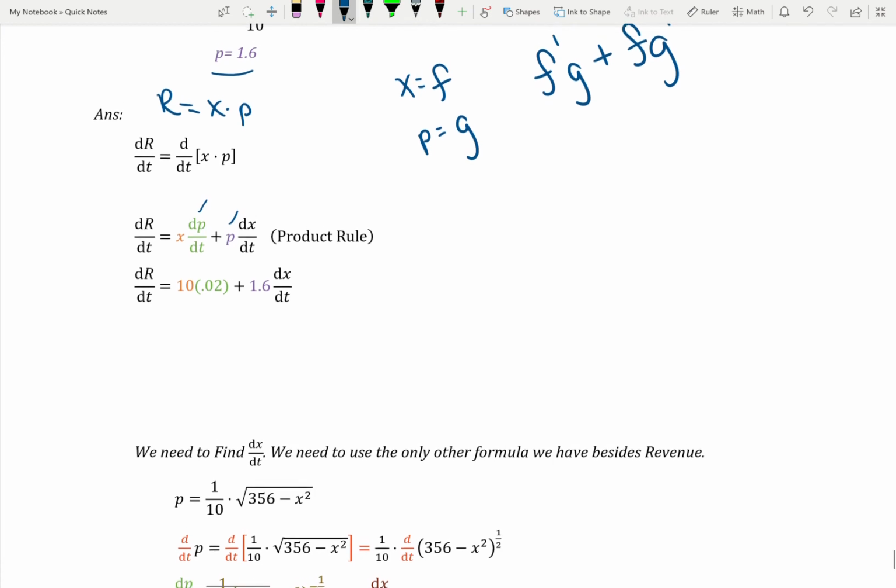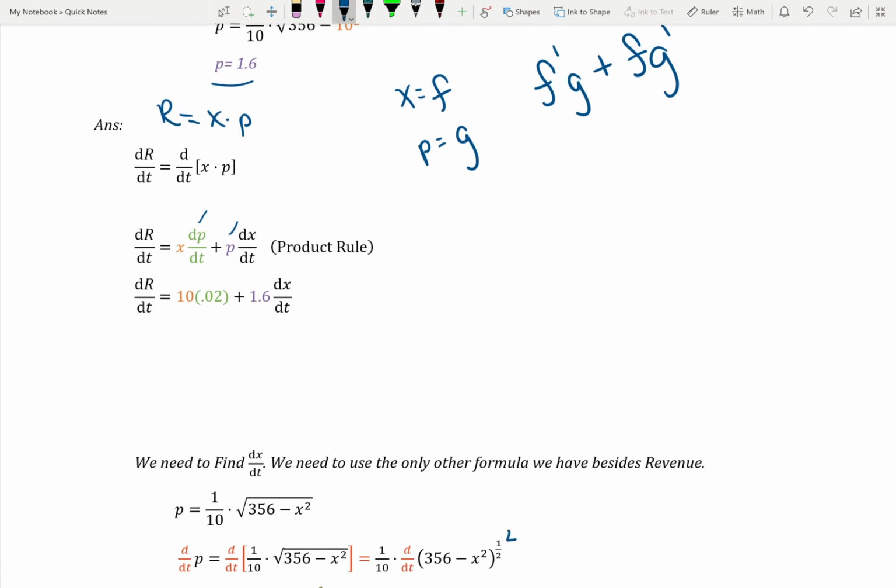So then all I'm dealing with is the derivative of this guy right here. And because I don't have a base of x here, I don't have something that looks like this, but I have some function of x raised to the 1/2. I'm going to have to use the chain rule.